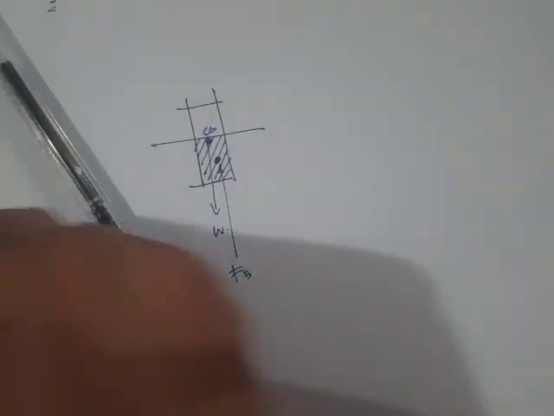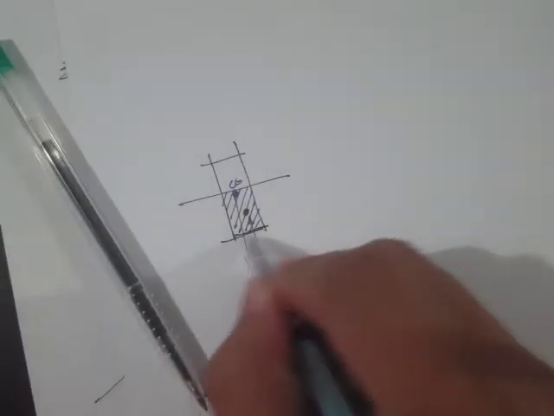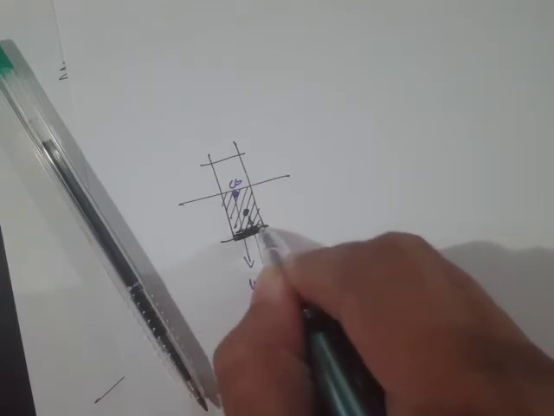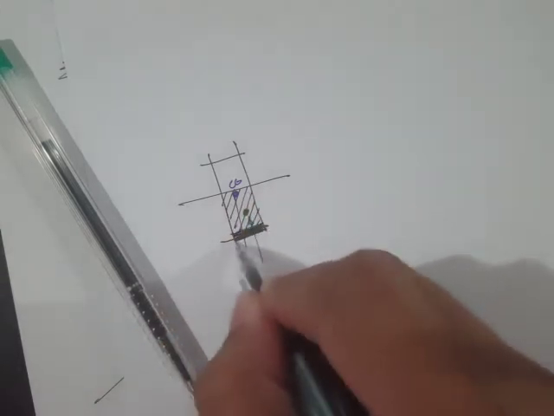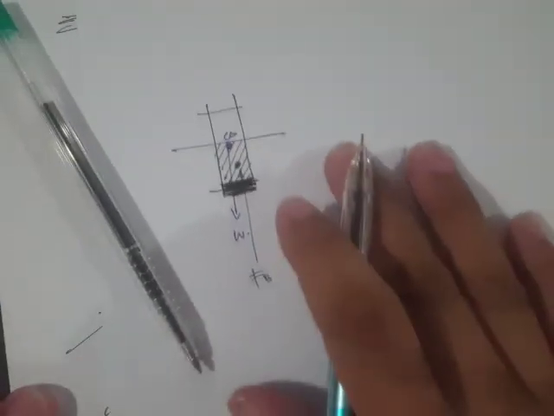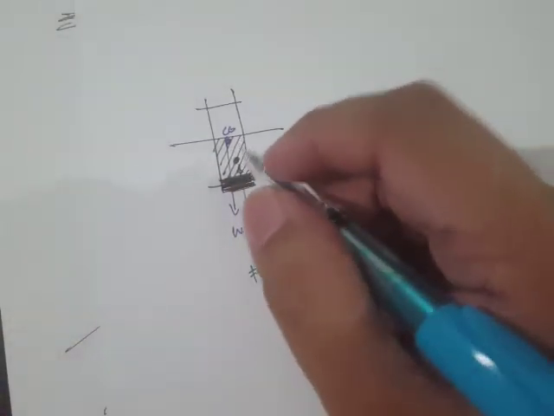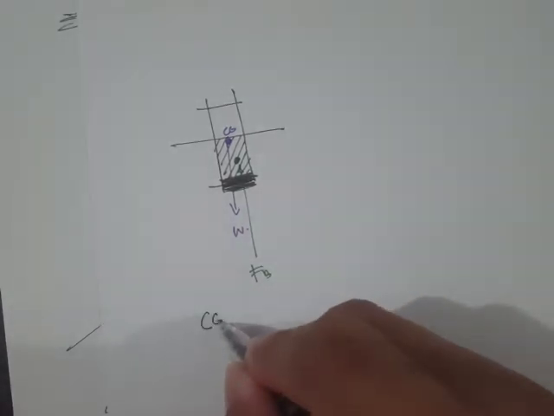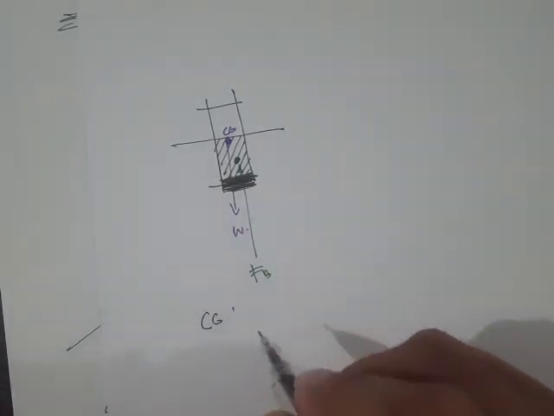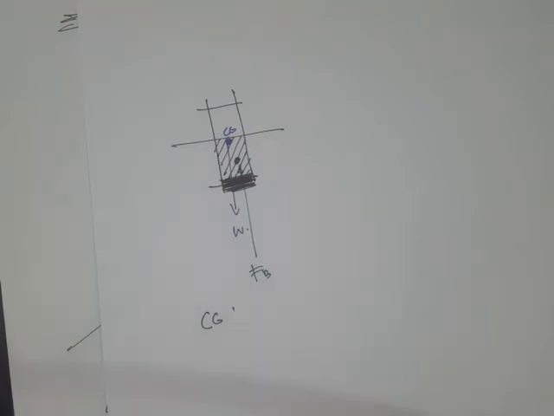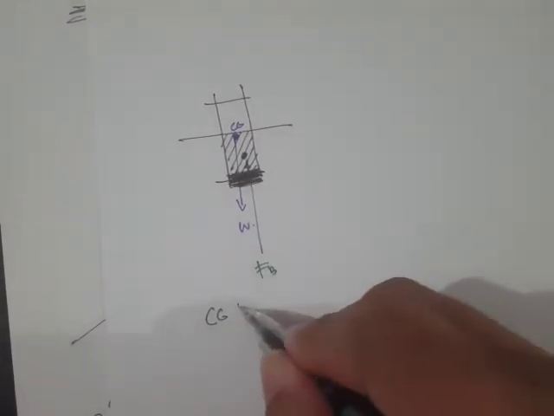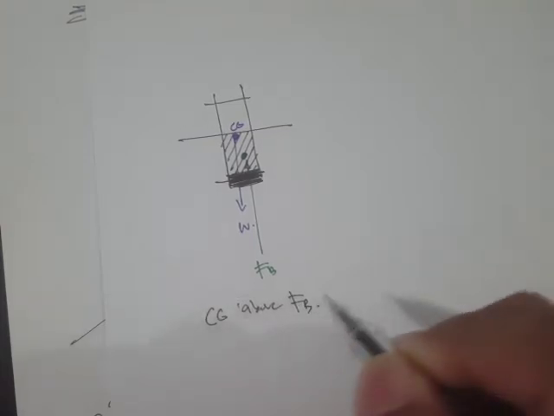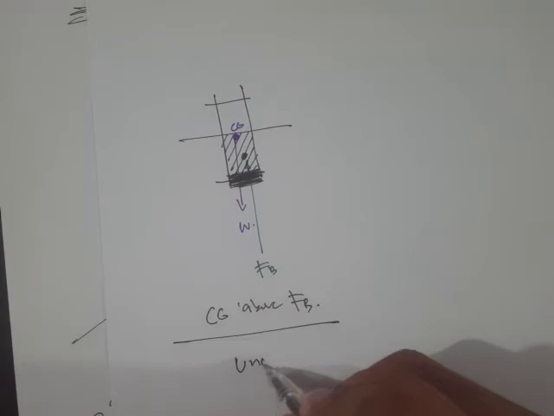If we say that it's not a uniform mass object, so it is heavier at the top, then if CG is above C sub B, that's going to be the case for the unstable condition.